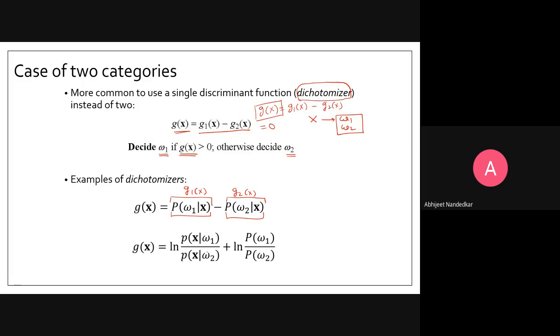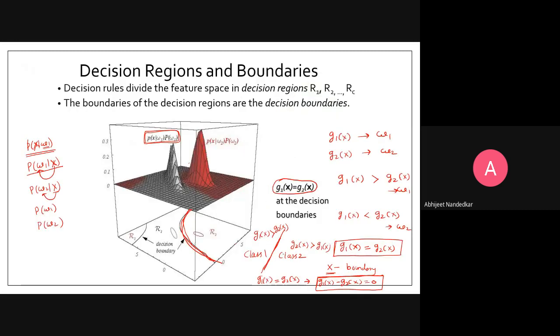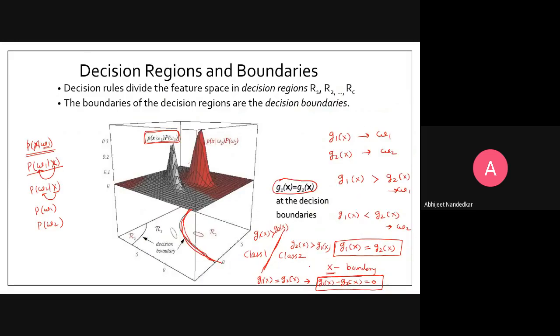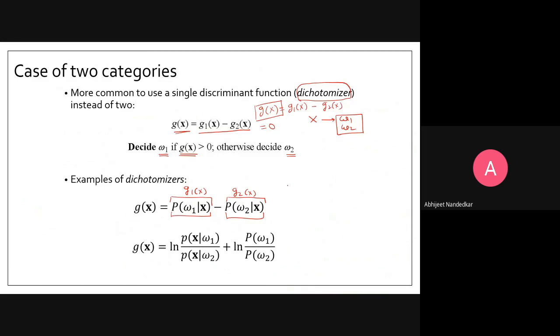Now if you go back, we have this last equation for G1(x). Okay, so I rewrite here, G1(x) was log of probability of x given omega 1 plus log of probability of omega 1.